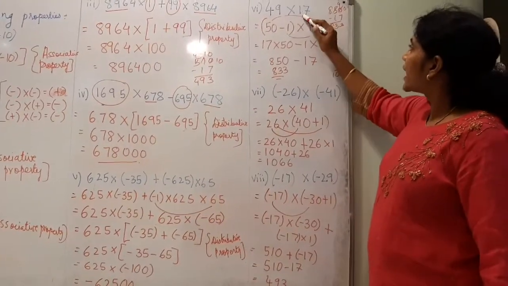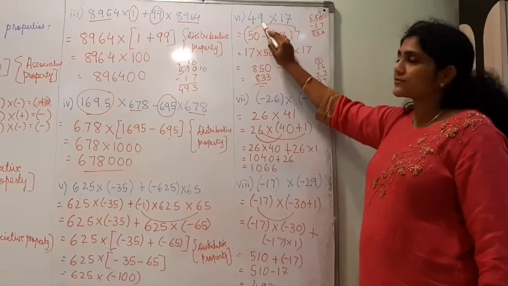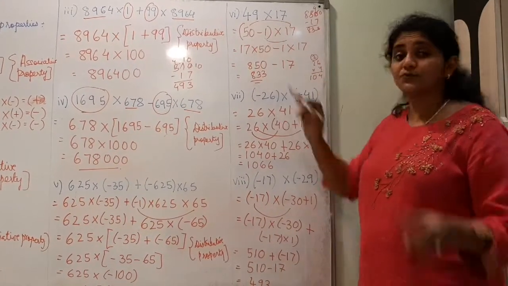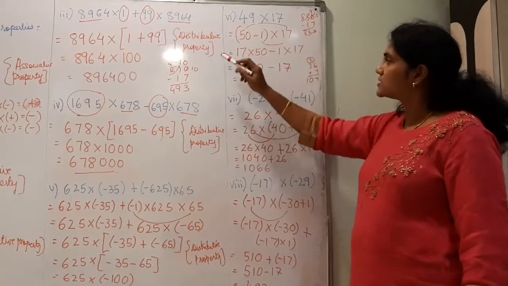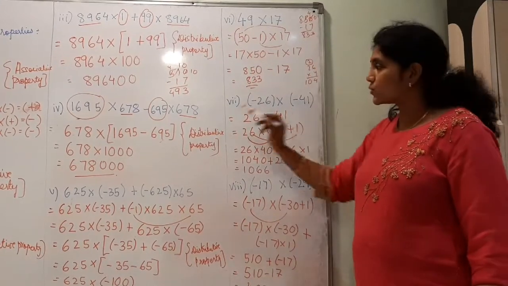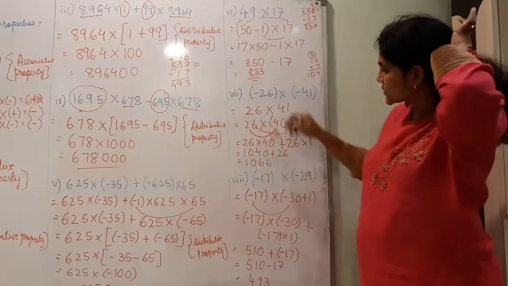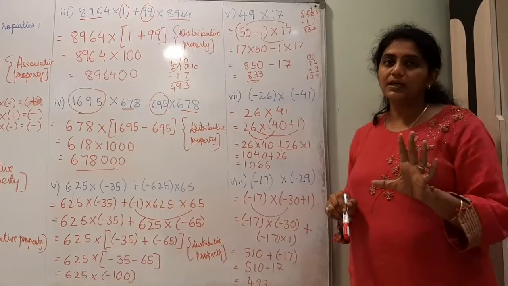Next three, you have to split one term. That is how we have split it here: 49 I have written as 50 minus 1, and then again used the opposite of this. So these six problems are actually of the distributive property only.